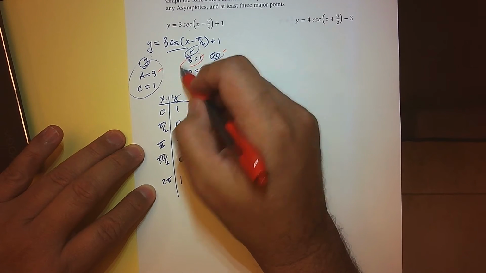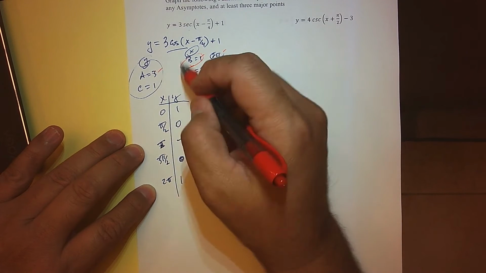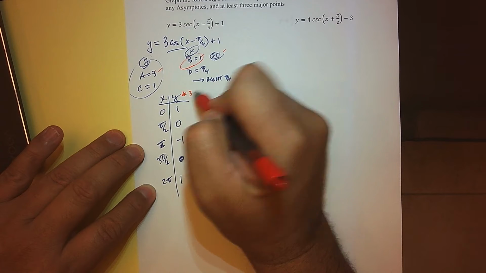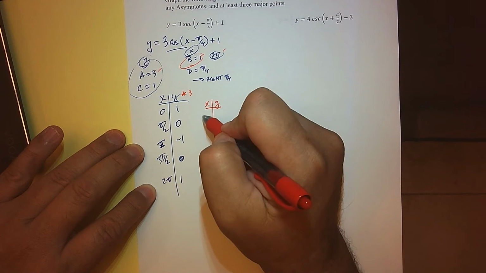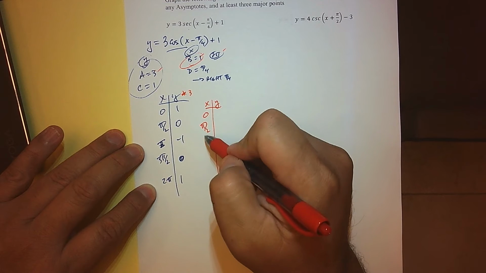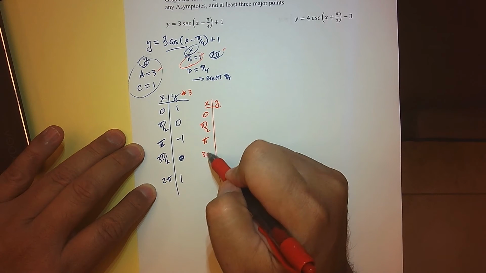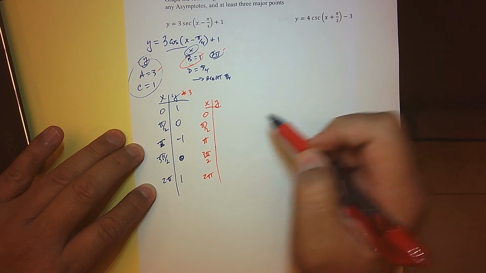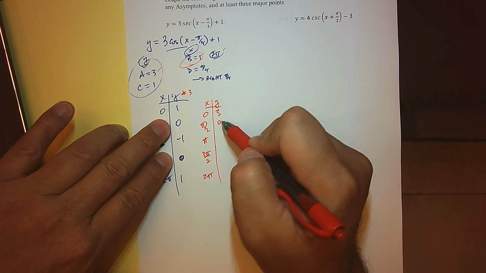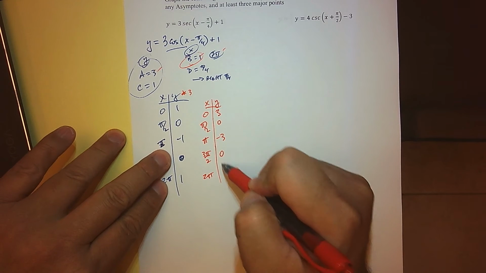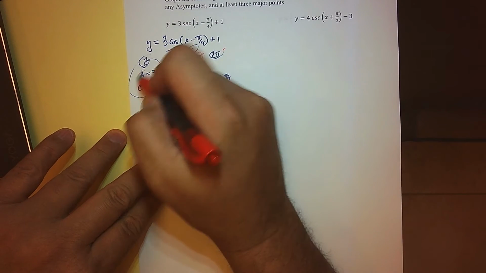So b is 1, so we don't have to worry about that, but a is 3, so we're going to multiply all these guys by 3. So our x values aren't changing. We're 0, pi over 2, pi, 3 pi over 2, and 2 pi. But all our y values are being multiplied by 3. So we got 3, 0, negative 3, 0, and 3. So that is a and b.